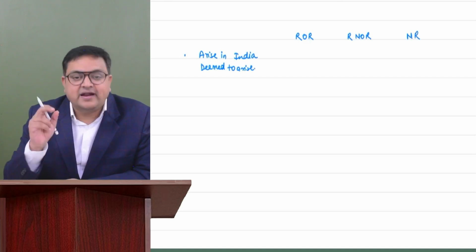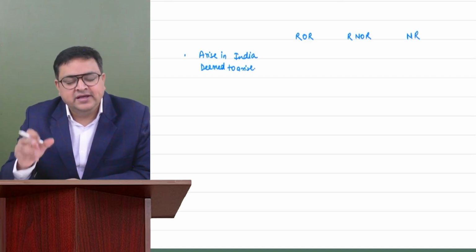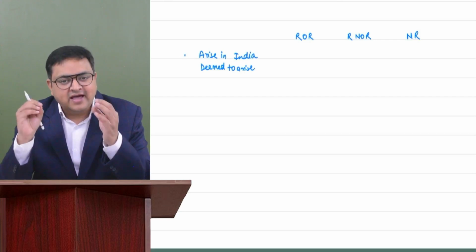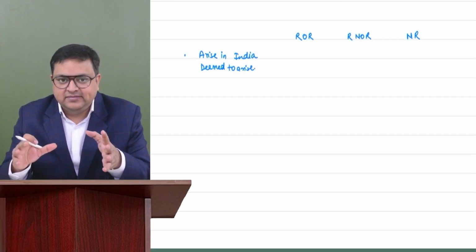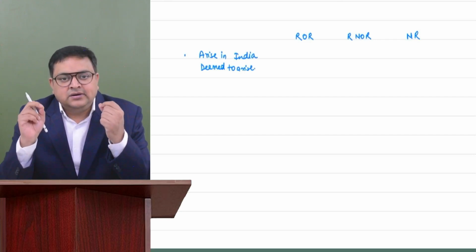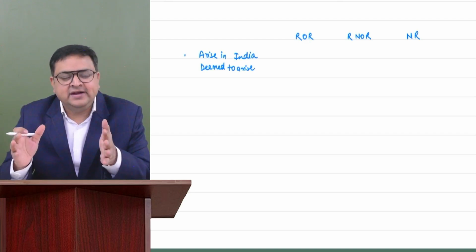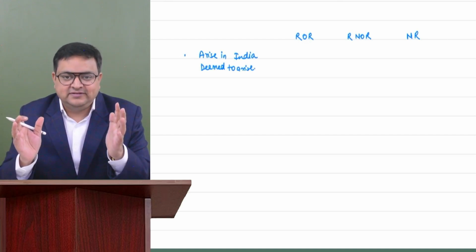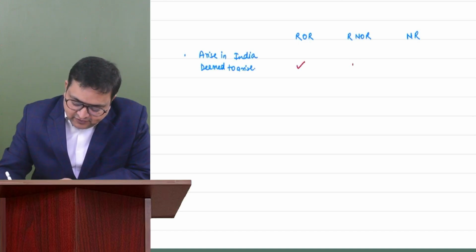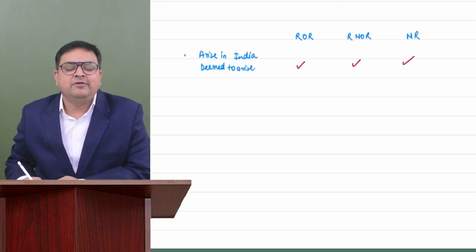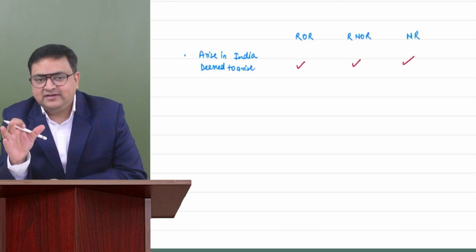If income is arising in India or deemed to arise in India, Indian tax authorities have full control over that income. So, our Nirmala Sitharaman ma'am will say, boss, this income is arising in India, it does not depend on your residential status. So always it will be taxable irrespective of the residential status.